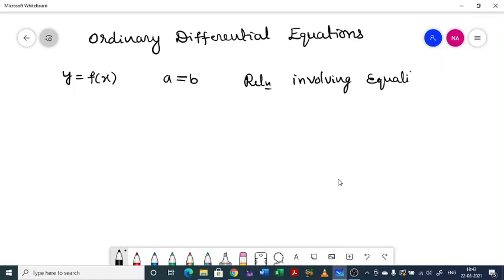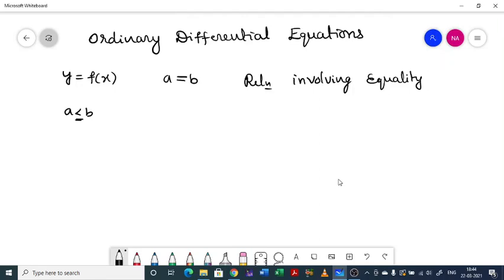We can define many relations that involve different operators. For example, take a less than b. This is a relation between two variables a and b, and it involves the symbol less than. Similarly, we may discuss many types of relations which involve different operators.